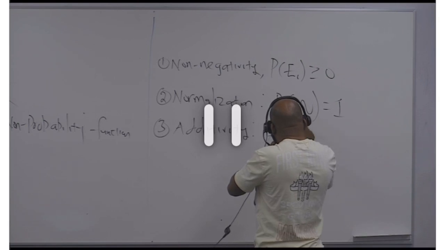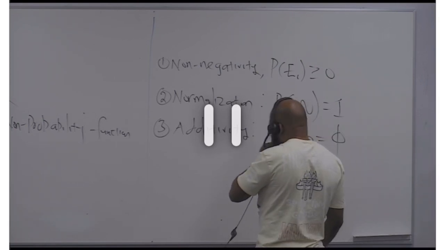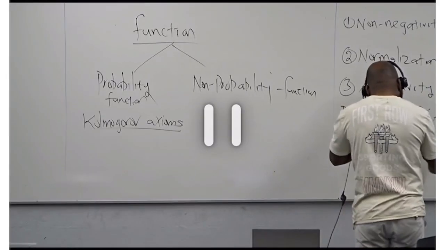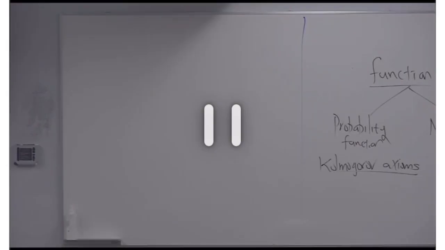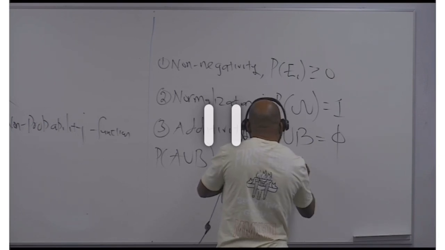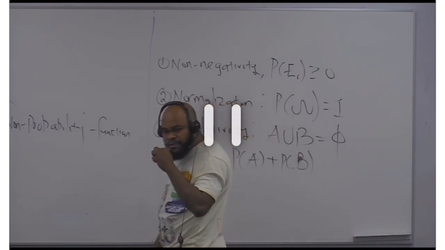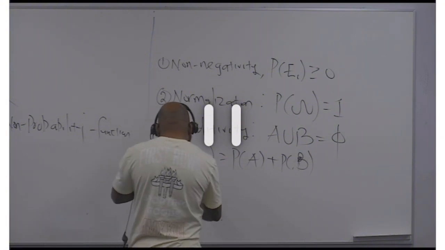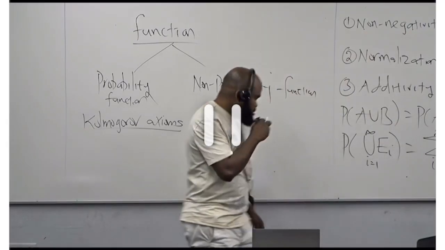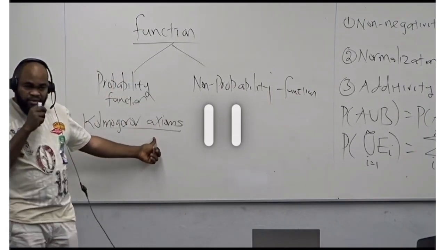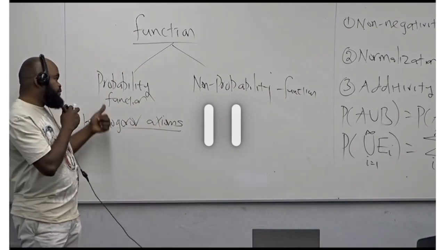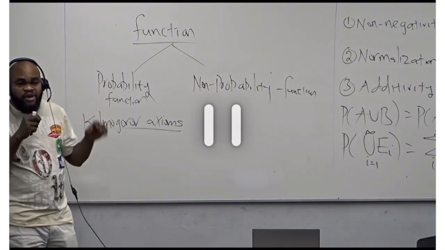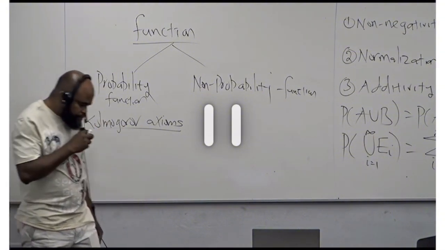In general, the probability of the union of the E_i, where i starts from 1 to infinity, should be the same as the sum of the probabilities of the E_i. These are the Kolmogorov axioms. Before I can refer to a function as a probability function, it must obey them.